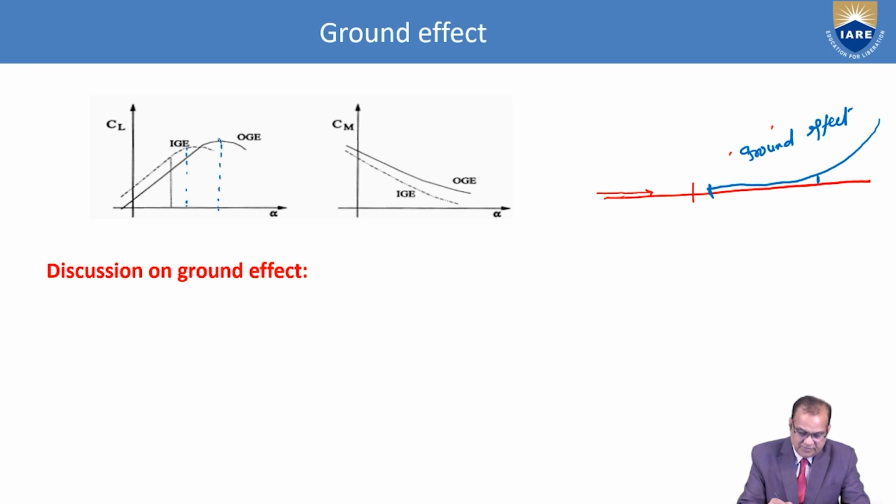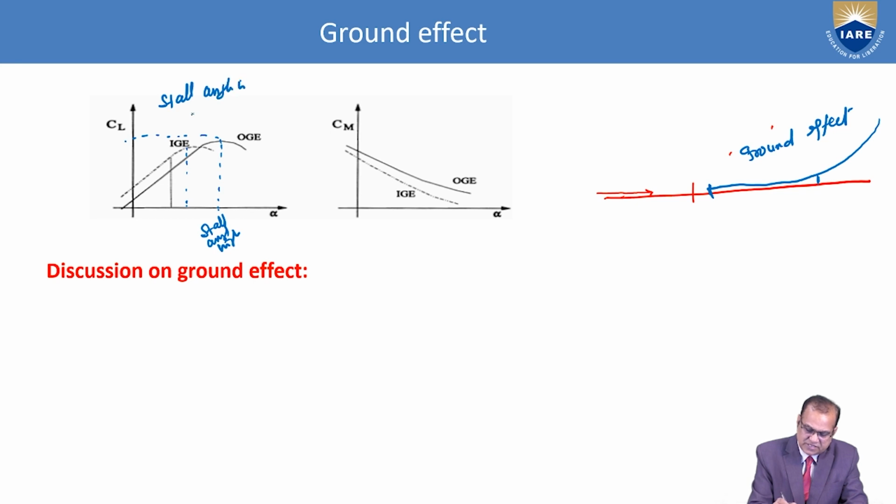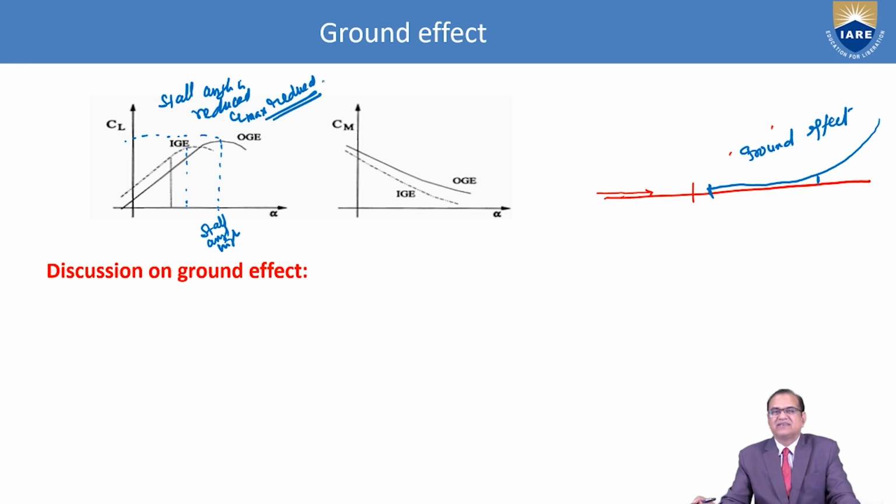So, your CL maximum value is also high and stall angle also high. Stall angle high if you are away from the ground. But if you are near the ground, your stall angle is reduced and CL maximum also reduced.